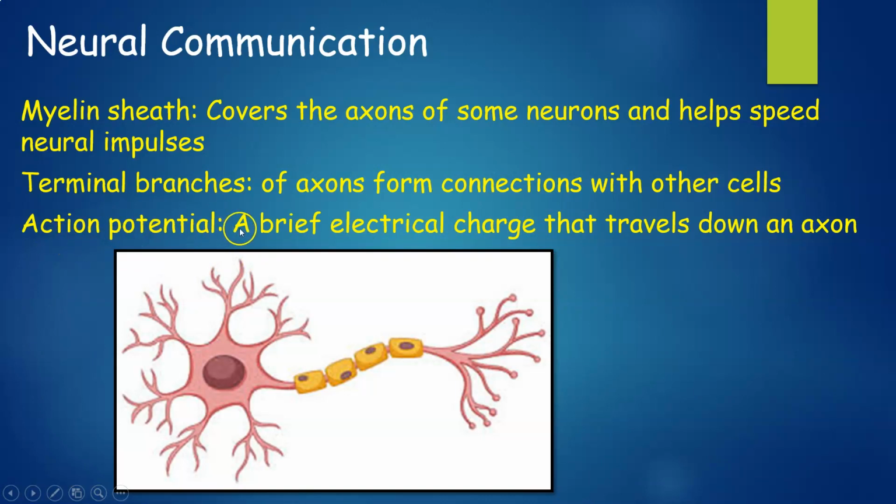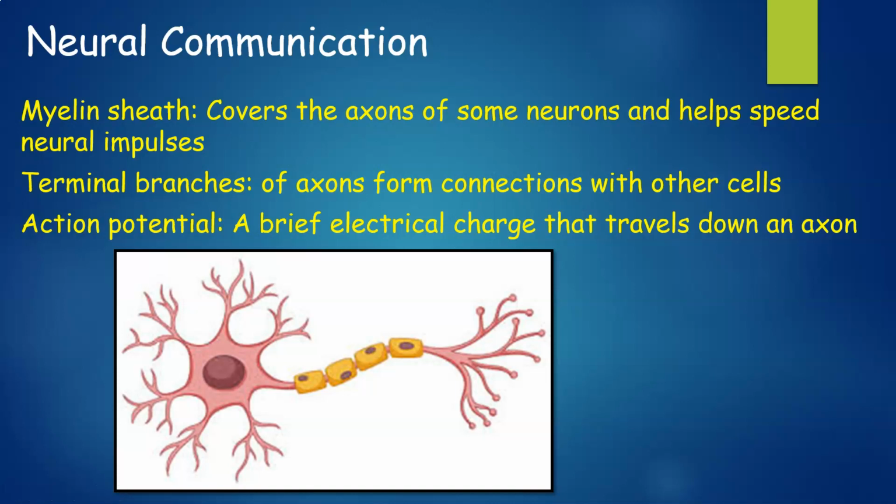It is that brief electrical charge that travels down the axon and from one neuron to another neuron to another neuron, making sure that your body's doing what needs to be done. The action potential is an electrical charge that travels down an axon.